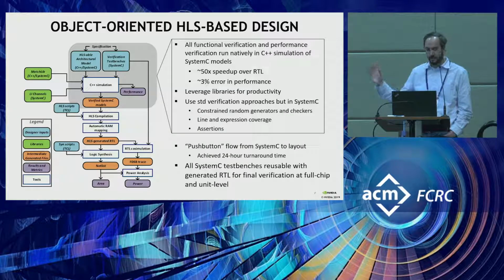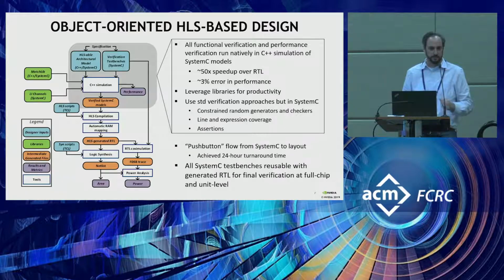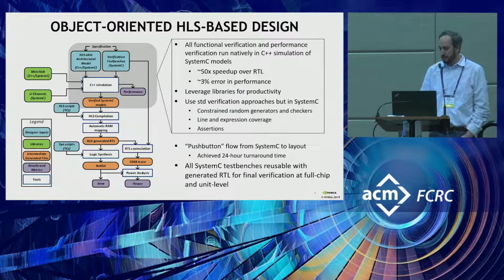We're seeing error rates in the range of 3%. That's even given the fact that all of our modules in C++ land are not pipelined. Everything magically happens in a single cycle. Then we take a module and give that to the HLS tool, and it does the hardware pipelining. Most of the error is due to pipeline startup and shutdown times.